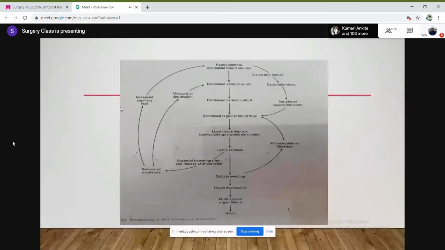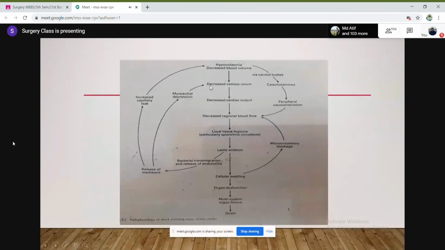Yes, sir. So this is the pathophysiology of shock. I have really simplified it at your level, but this is exactly what happens. So you see in hypovolemia, when there is decreased blood volume, that will lead to decreased venous return, and that will lead to decreased cardiac output.